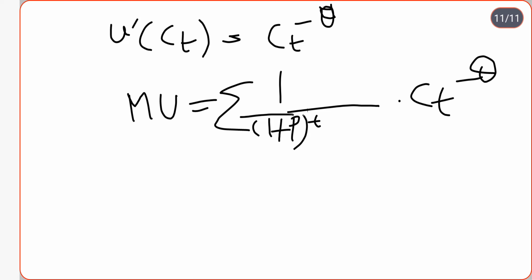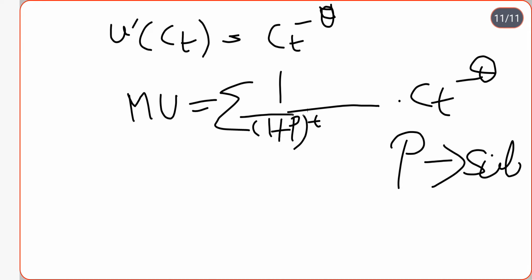This is basically our marginal utility after discounting it by 1 plus rho to the power t, where rho is the subjective discount rate. What is rho? Rho is basically the subjective discount rate.